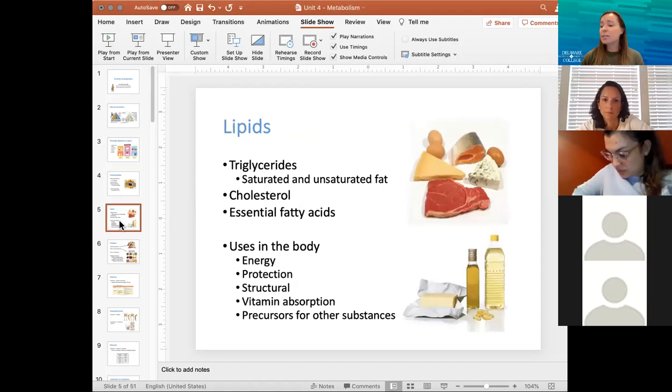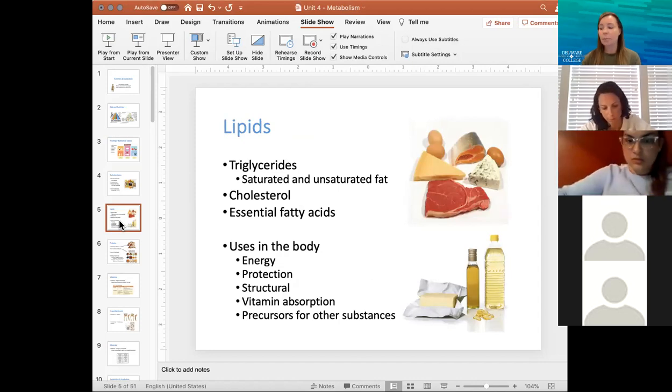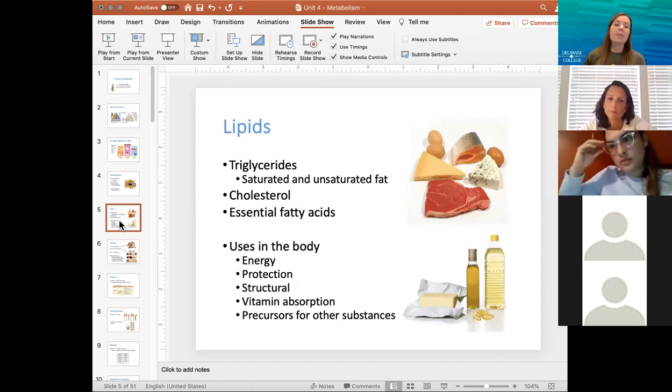Okay, next one is lipids, the next macronutrient. And there are different sources of lipids in our diet. We did discuss in the last unit that triglycerides are the most abundant lipid in our diets and in our bodies. And there's a couple different types of triglycerides. I'm sure you've probably heard of saturated fats and unsaturated fats.